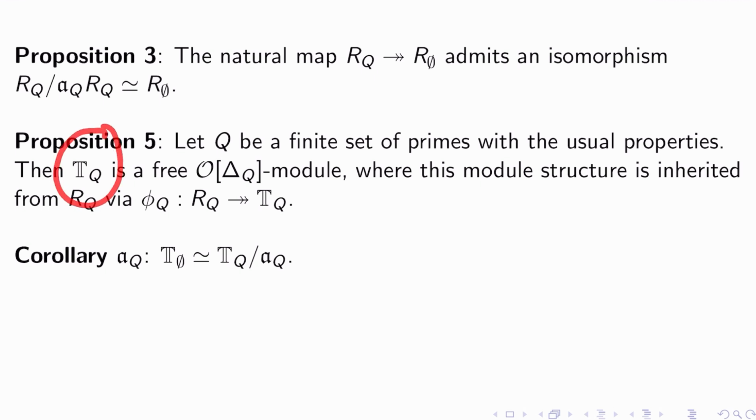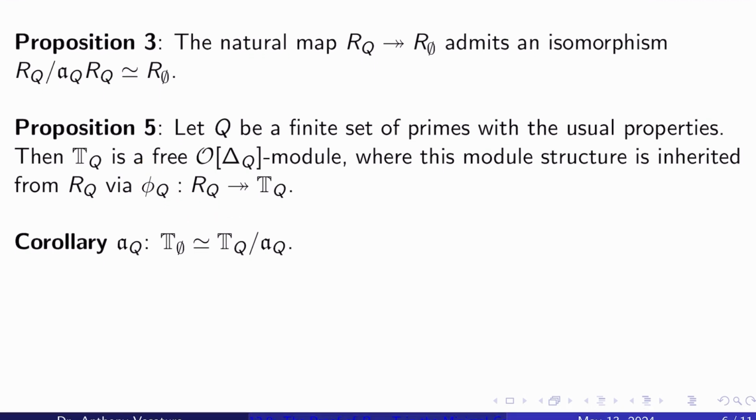Then the type Q universal Hecke algebra is a free O bracket delta Q module, where this module structure is inherited from the structure on R Q via the map phi Q, the R equals T map, in other words, from R Q to T Q. And what we really need from this is corollary AQ, as we called it: a consequence of this is that T empty set is actually isomorphic to T Q mod A Q, if Q is a finite set of primes with the properties from above.